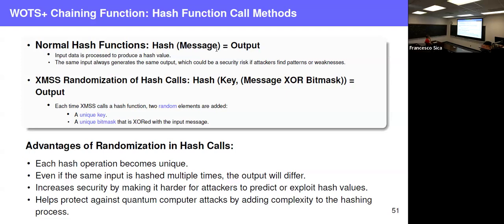In the randomization of the hash function in XMSS, we have a unique key and a unique bit mask alongside the message, to prevent the attacker from guessing some random value.